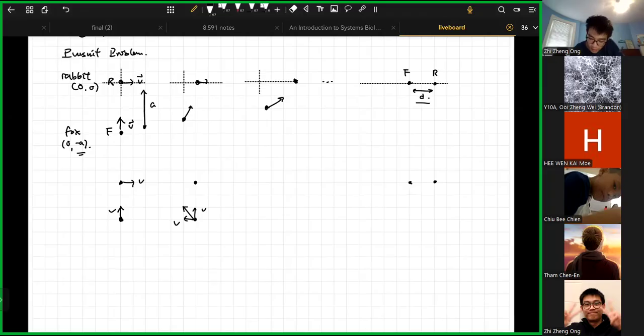So the fox will go from here, move in this direction, and after a long time, it's going to end up here. So the question we want to find is, what is this final distance D?